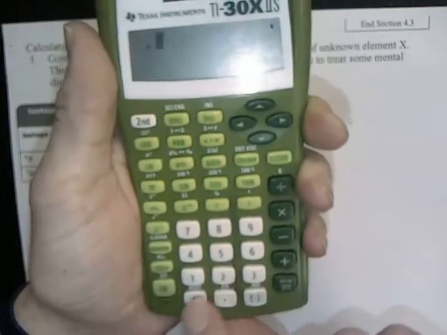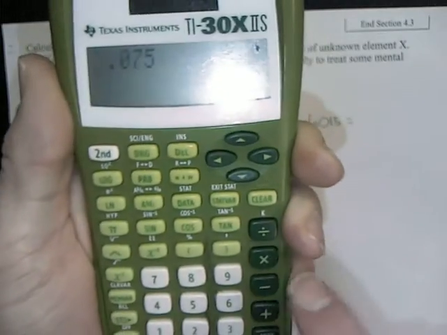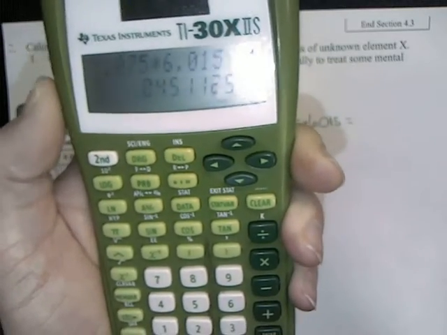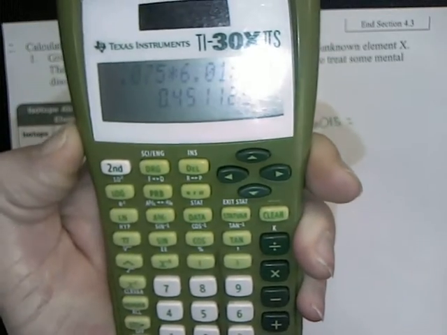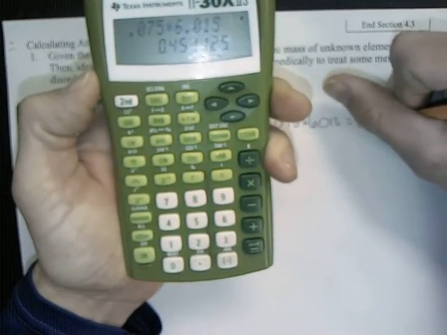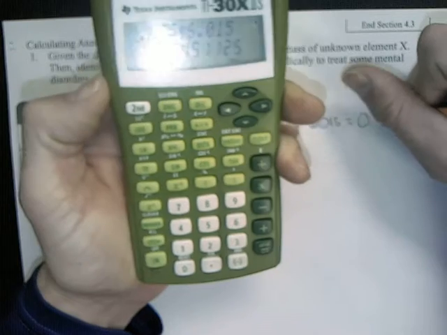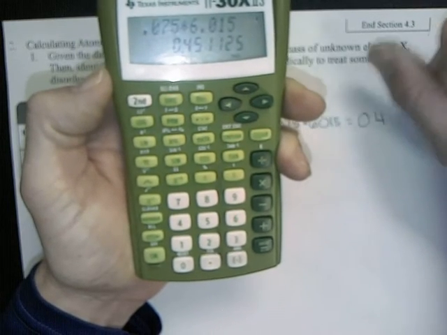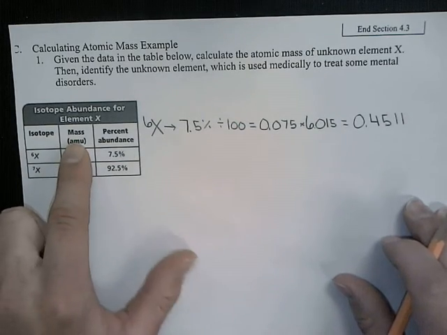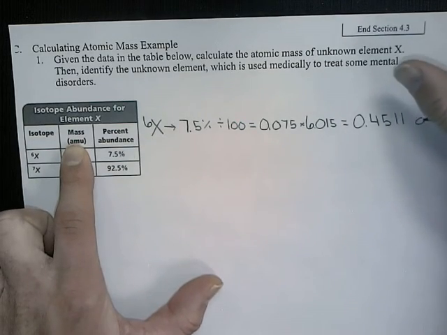So I'm going to take 0.075 times 6.015. I'm going to press enter. Now, I'm going to use 4 decimals in this case, and so I'm going to write down 0.04511. And the unit for that is equal to the unit for the mass. So I'm going to write down AMU.